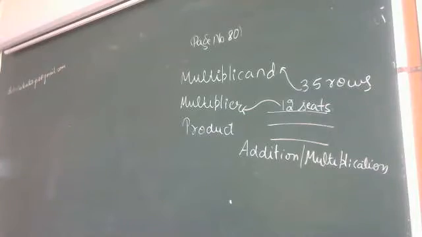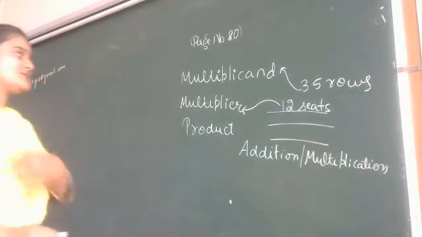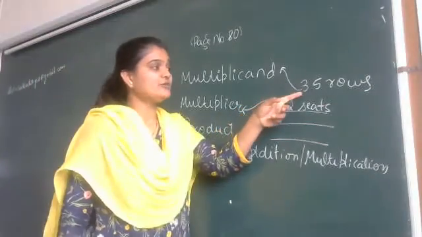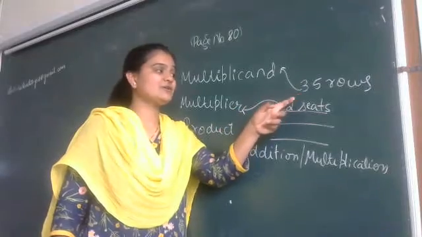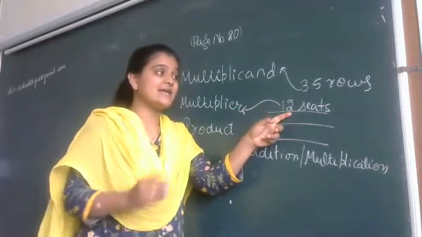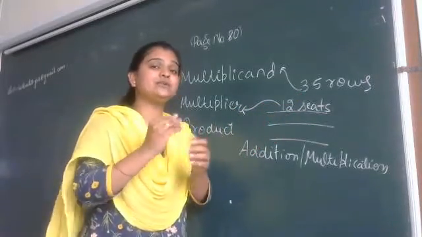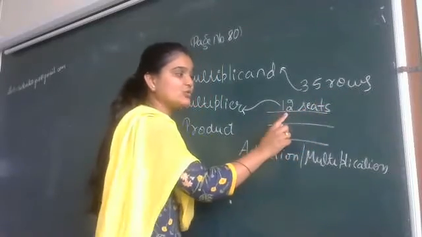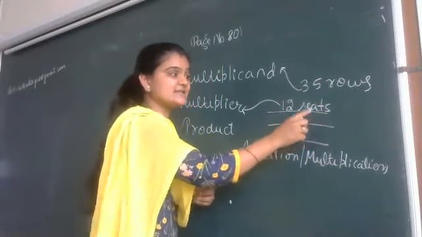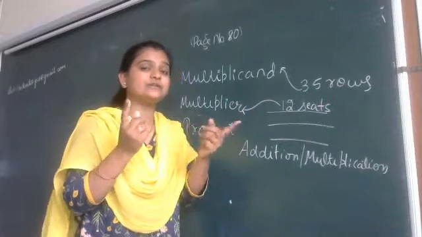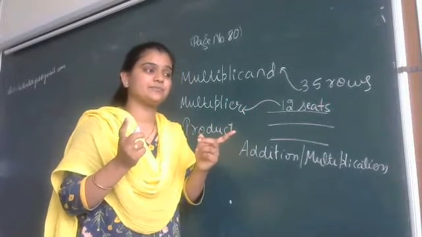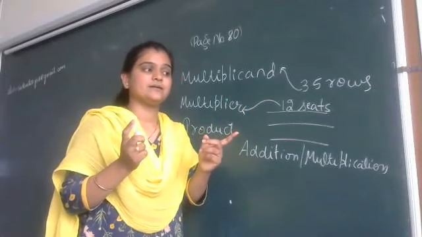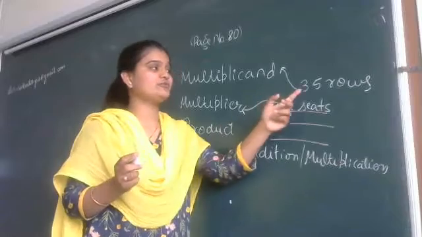It can be judged when they ask you for a cricket stadium which is having 35 rows and in each row 12 seats. Can you add two different terms? Here we have rows. For 12 we have seats. Can you add two different terms?